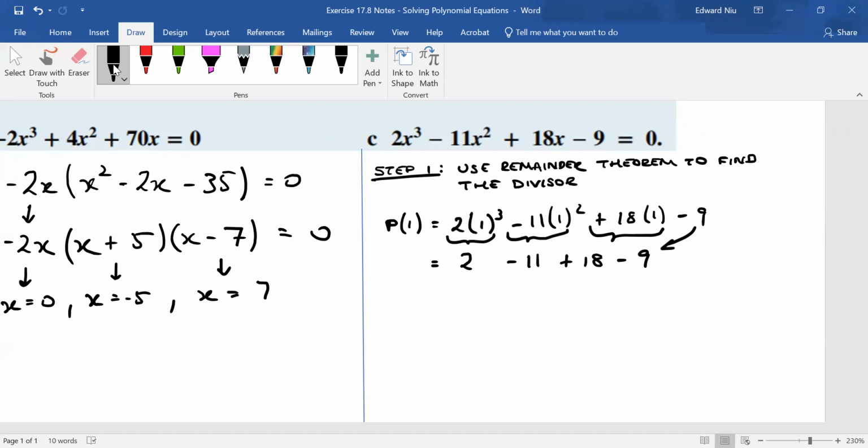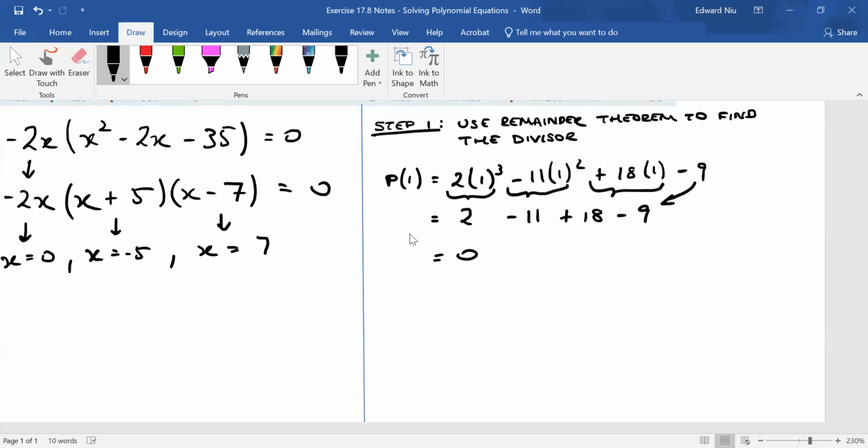Plus 18 gets us positive 9. Take away 9 gets us 0. So again, with our trial and error, we've managed to save a lot of time, since our divisor is actually x take away 1. All right, and from here we go and do long division. Step 2.